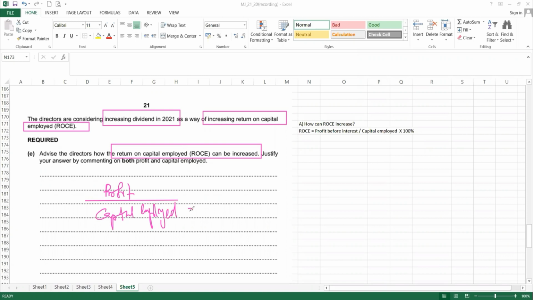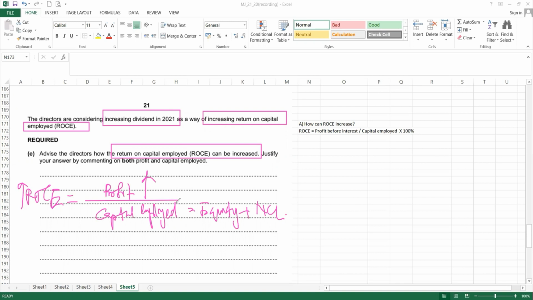This capital employed is equal to equity plus non-current liability. If we want to make this ROCE increase, we must make the profit increase. That is one of the ways. Then this ROCE will increase.